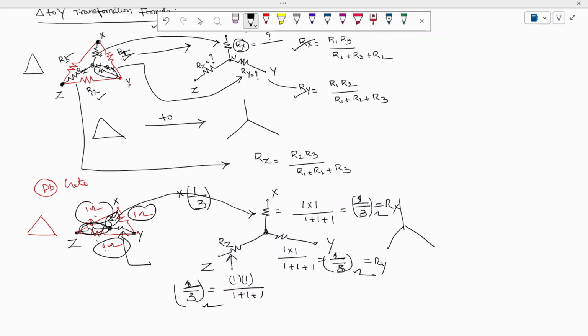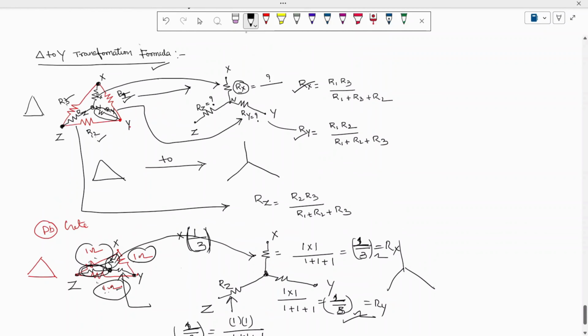So when you connect a delta which has equal resistors, it will be transformed into a star with a scale of 1 by 3 times. 1 into 1 by 3 is nothing but 1 by 3.